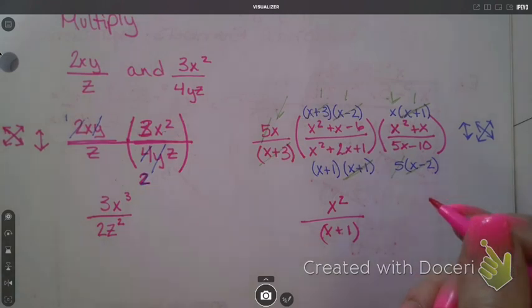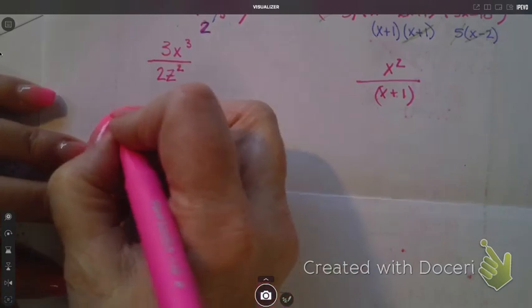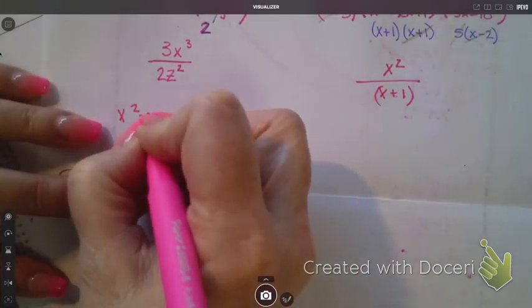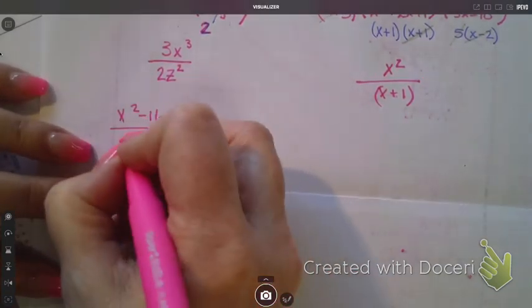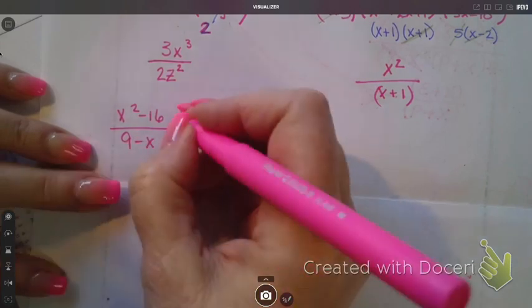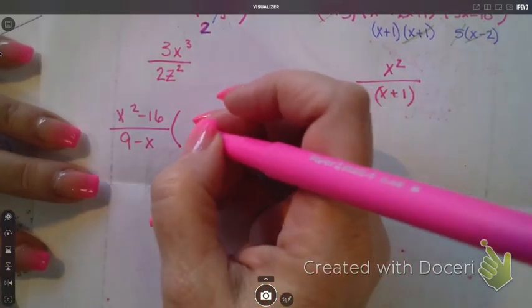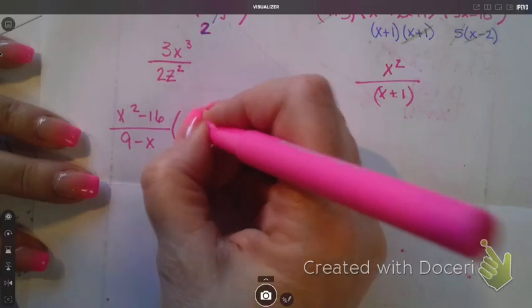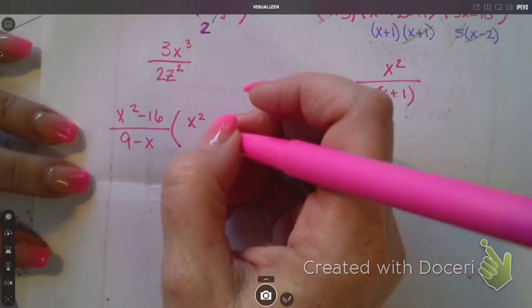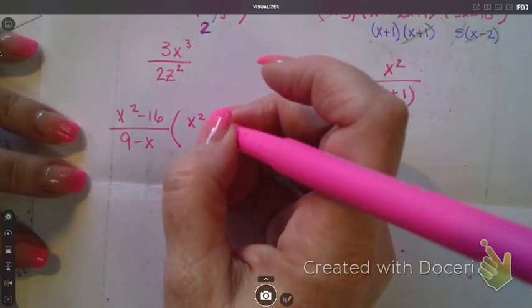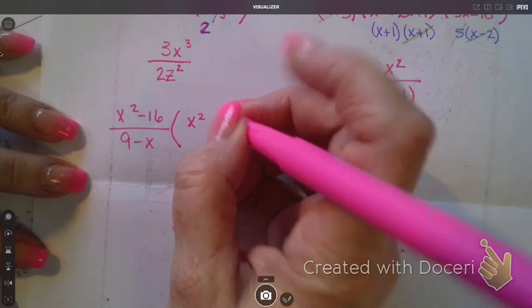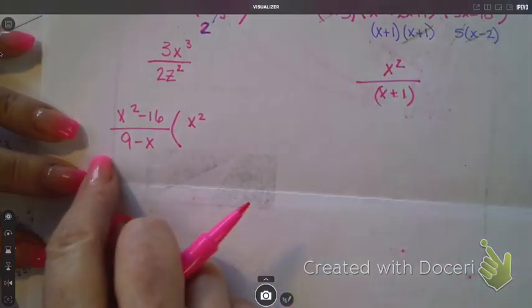Okay, x squared minus 16 over 9 minus x. And again, they're going to have dots in between those. Can we reorganize the x and the 9? As long as you take the signs, like it would be negative x plus 9.